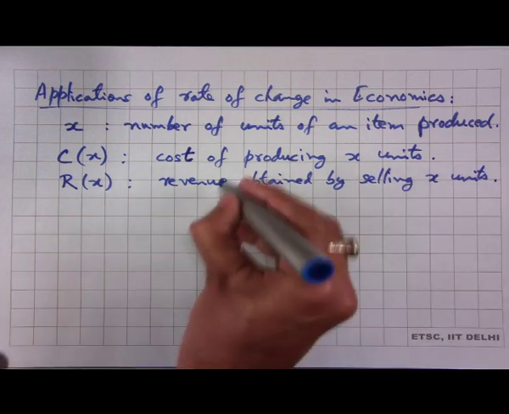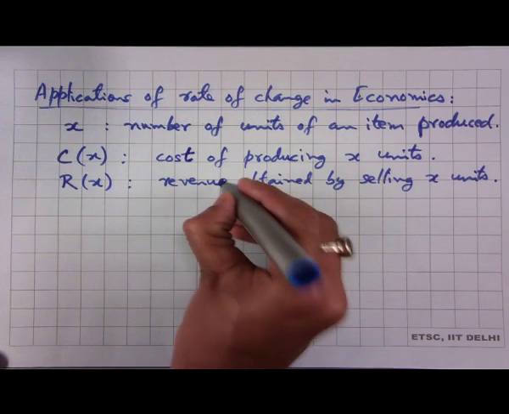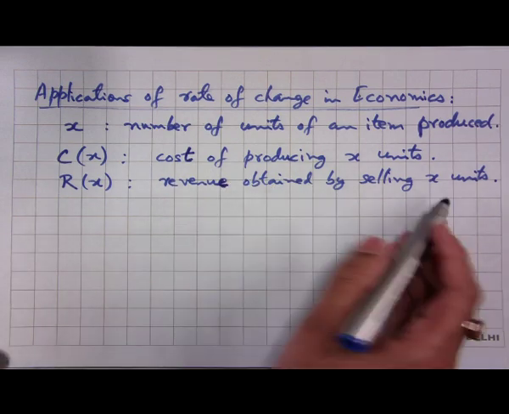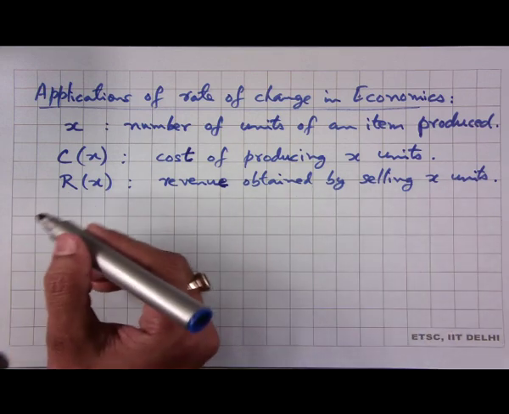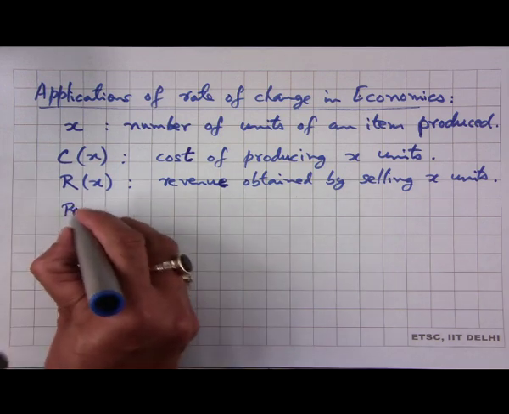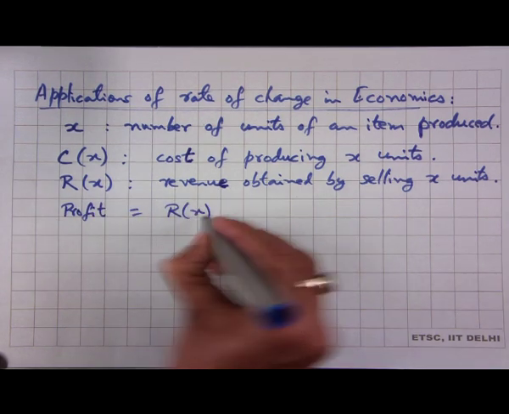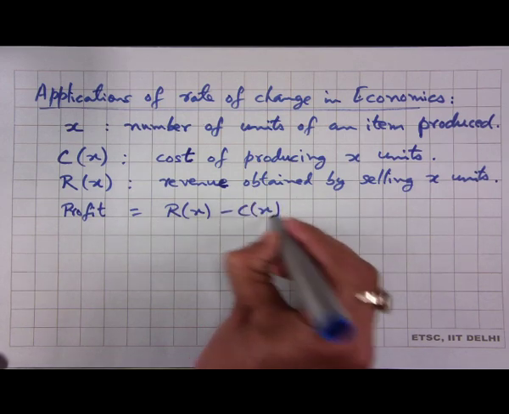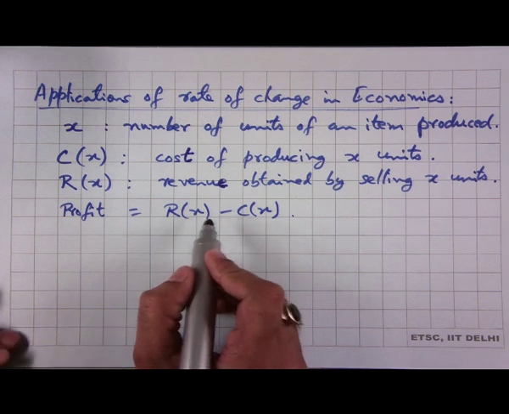So, that means what is the amount that the company will obtain if they sell x units, that is R of x, and then of course, profit is revenue minus the cost. This again depends on the number of units x produced and sold.